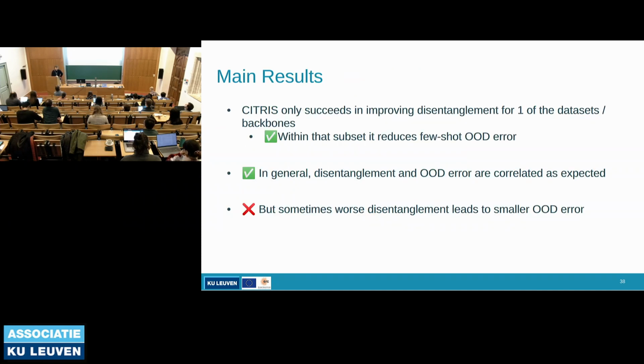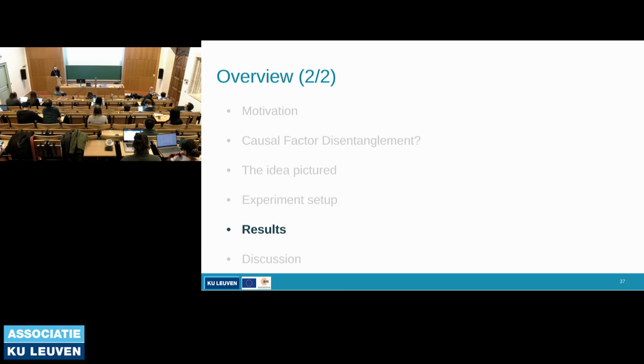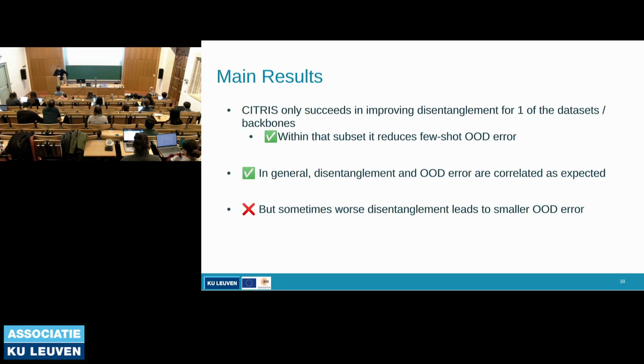I'm not really showing graphs here or going into much detail about the results, but you can ask me later. Very broadly, they're mixed. In the different datasets that we test and with different backbones, the disentanglement only really succeeds for one of them.